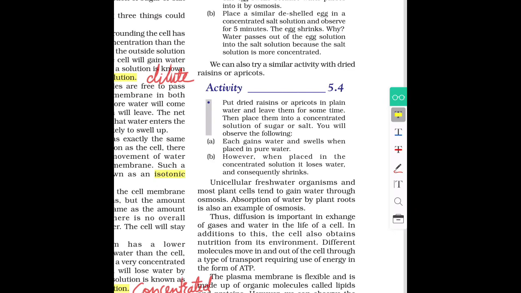The plasma membrane is flexible, and is made up of organic molecules called lipids and proteins. So, what is the plasma membrane made up of? It is made up of lipids and proteins. However, we can observe the structure of the plasma membrane only through an electron microscope.